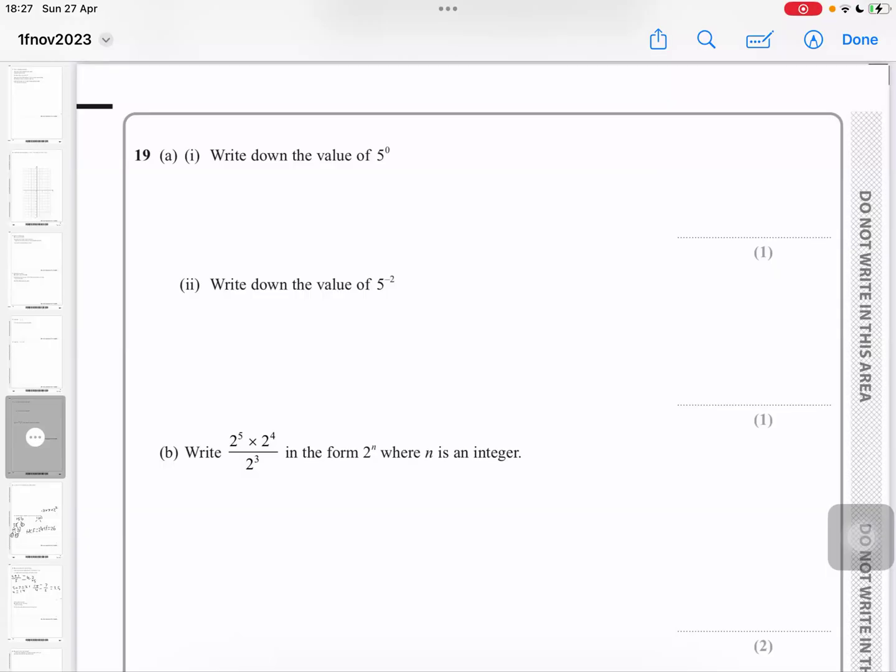No. Okay, all right. Tell me the ones that you know. The first one that comes to mind, what's the first rule of indices that you remember? No, I don't know.